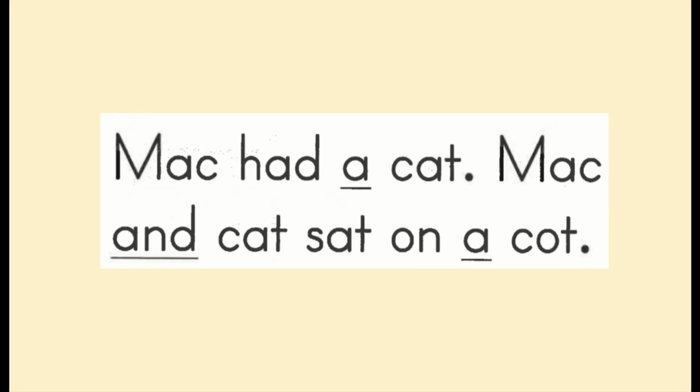Let's read both sentences. Ready? Mac had a cat. Mac and cat sat on a cot. Think about what the picture would look like if Mac had a cat. And now Mac and cat are going to sit on a cot. A cot is like a little bed.